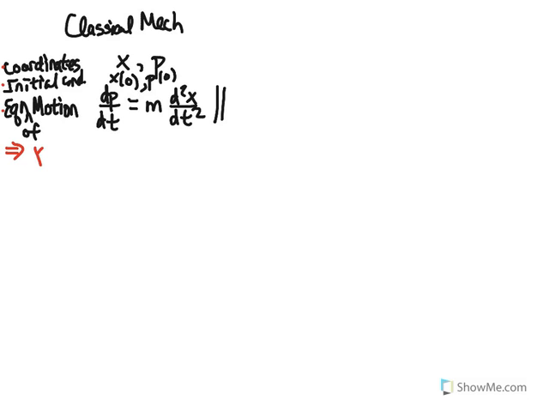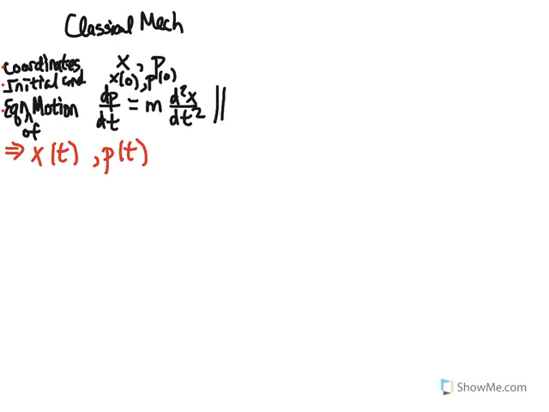If you can solve this equation, which very often you can't, very often you can, you end up getting your position as a function of time, and your momentum or velocity as a function of time. And that's the problem you're trying to solve in classical mechanics: describe your coordinates over all times.